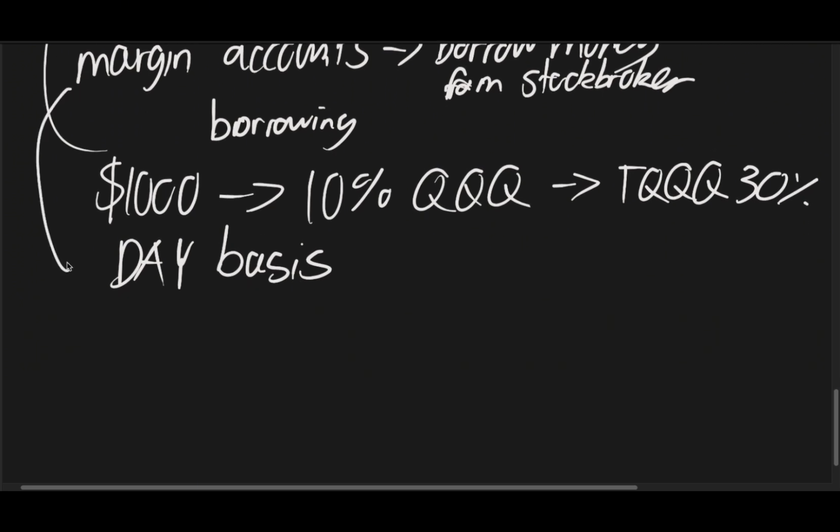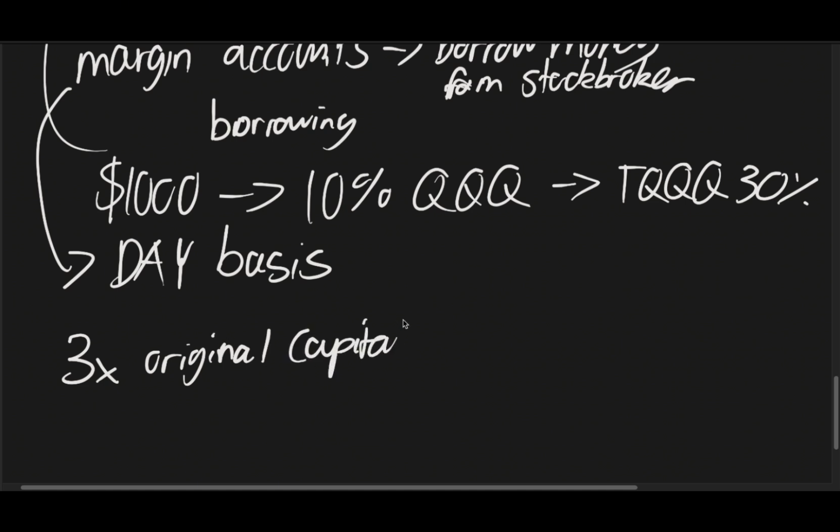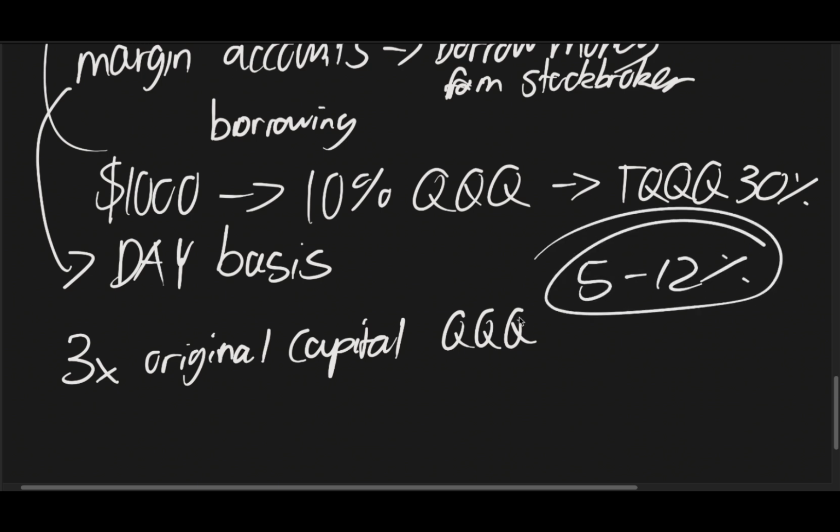For margin accounts, the exact same thing would happen. Let's say you poured 3 times your original capital into QQQ. You're not going to use this leverage product. You're just going to borrow money from the broker. The brokers charge between 5 to 12% interest rates on these borrowed capitals.